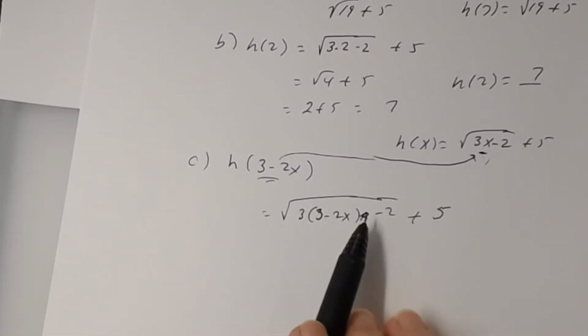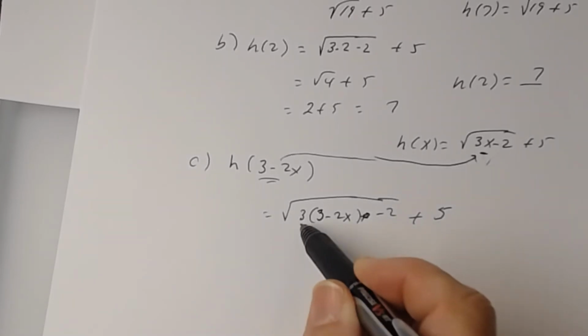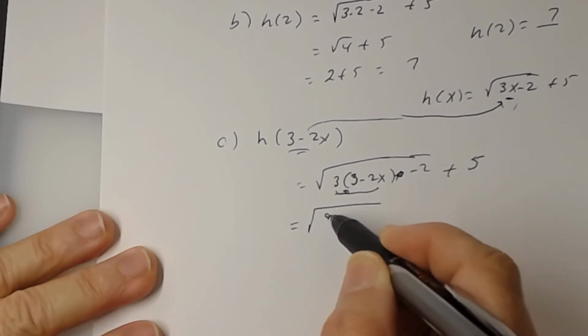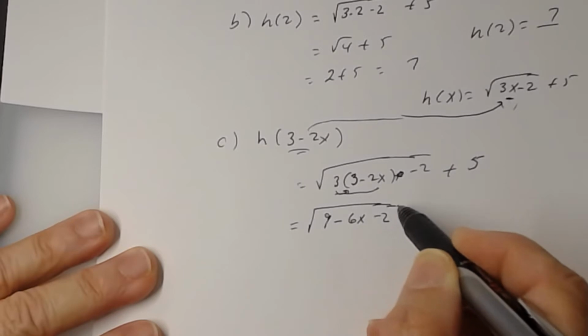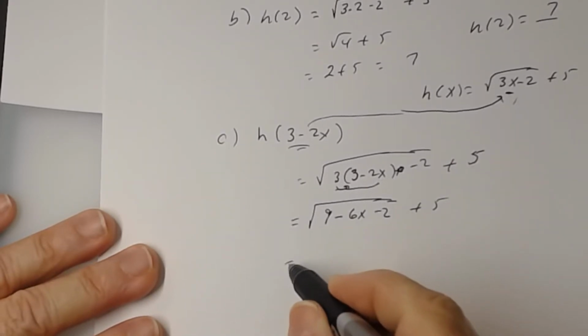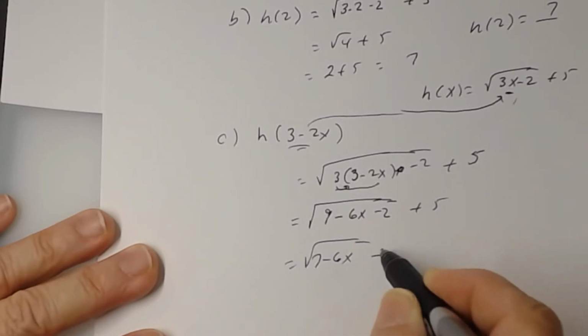How do I get rid of these parentheses that I put in there? Distribute. So I get the square root of 9 minus 6x minus 2 plus 5. Combine like terms, I get the square root of what? 7 minus 6x plus 5.